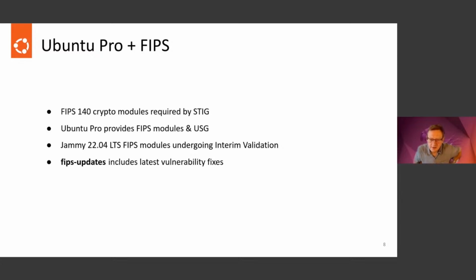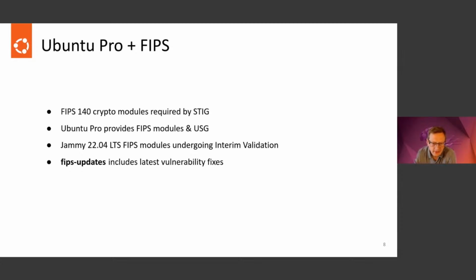The modules are currently awaiting the interim validation. So they've started to be processed by NIST, and we hope that very soon we will at least have interim validated modules certified by NIST. As and when this changes, we will update the status on our website, and obviously you can look at NIST's CMVP website to find out what the current status of FIPS modules are. But they will be available very soon.